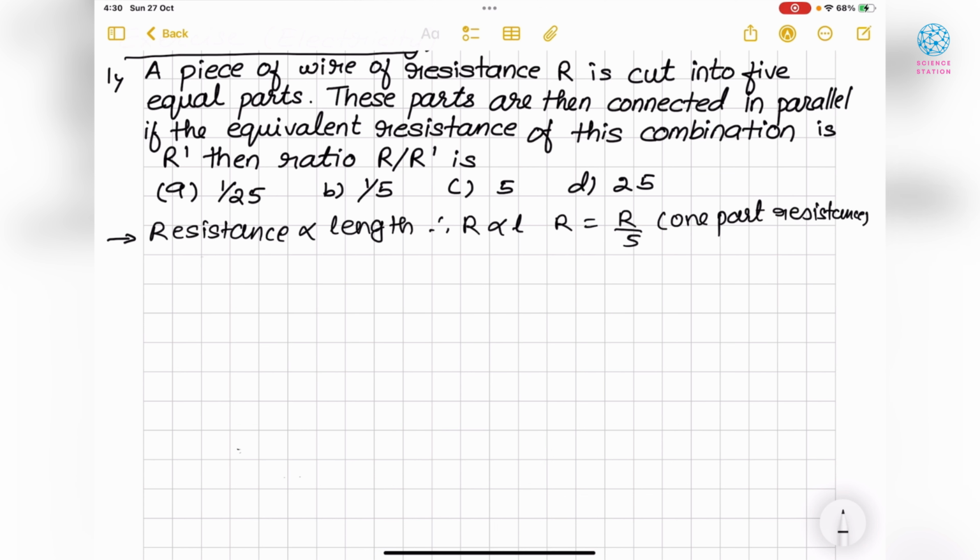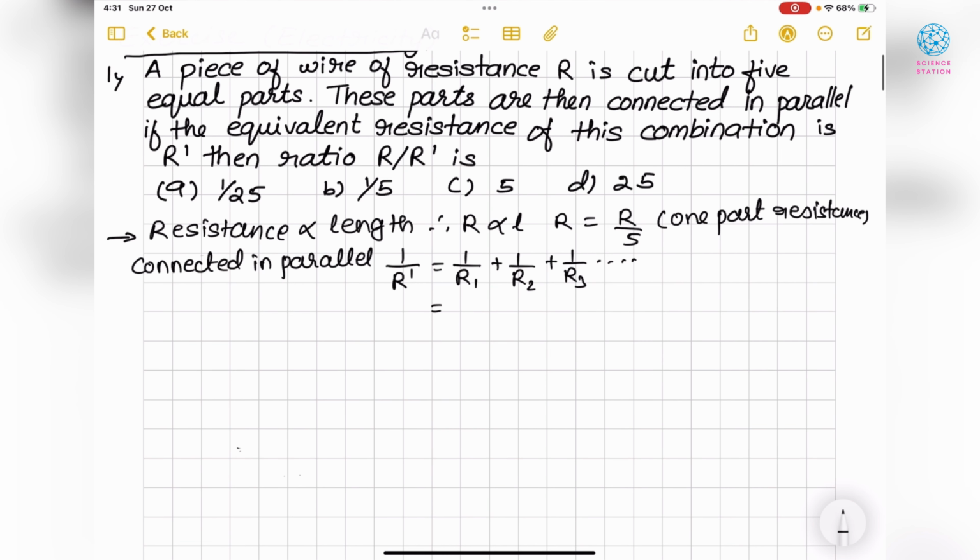Now they are connected in parallel. So I can say 1 upon R dash, in parallel, equal to 1 upon R1 plus 1 upon R2 plus 1 upon R3, and so on. So here it is 1 upon R by 5 plus 1 upon R by 5, all of the same value. So all the 5 resistances are of the same value.